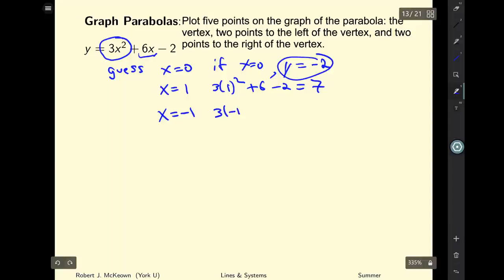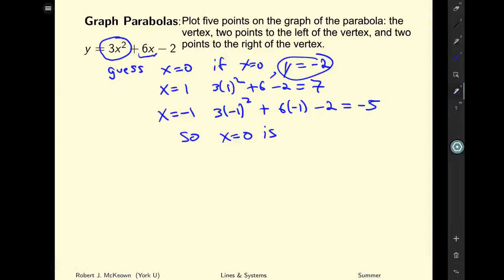I get 3 times -1 squared plus 6 times -1 minus 2. And I end up with -5. Now I know that x 0, y -2 is not, well, maybe I should make it a little more formal here.